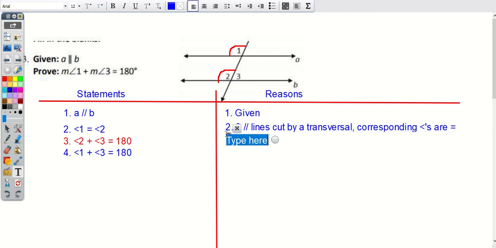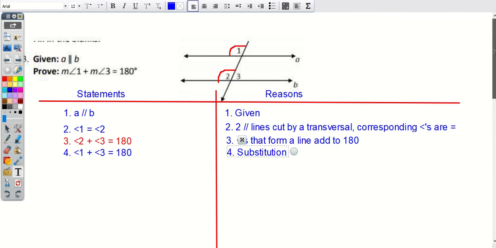For step 3, we want to make those a linear pair. So we can say either angles that form a line are supplementary or add to 180, or we can say linear pair angles add to 180 as well. And then for step 4, we're just doing substitution because we're taking something out, putting something in.